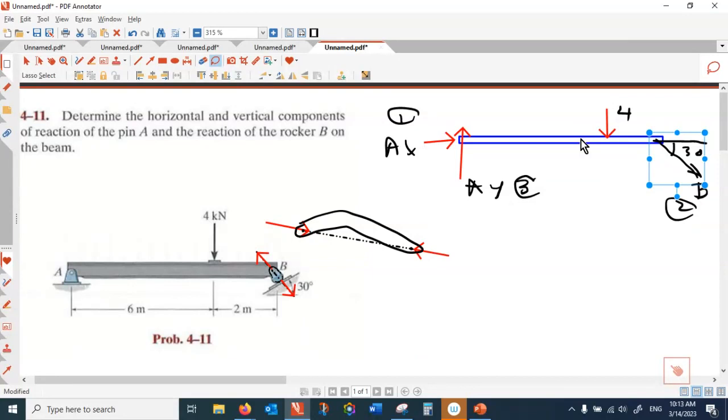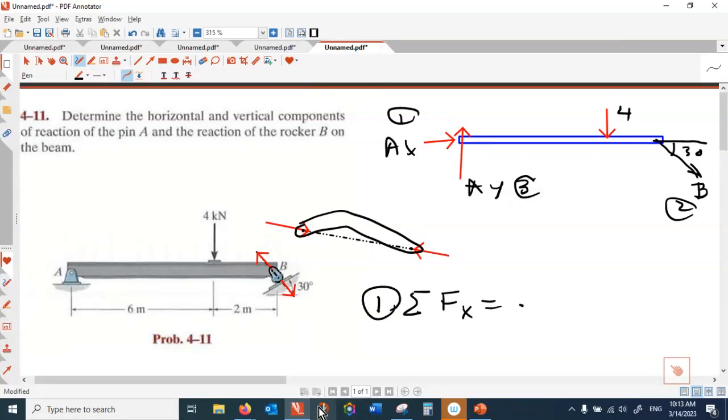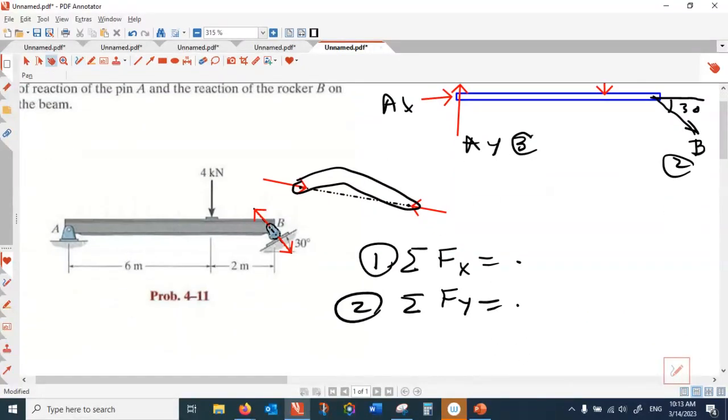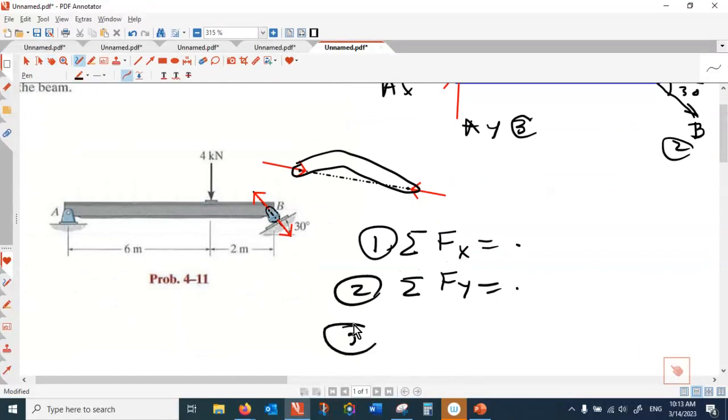All right, so the next thing is, I mentioned there are three conditions here. Can we go through the conditions together? One condition is net translation horizontally is 0. Second condition is net translation vertically is 0. And the third one is net rotation is equal to 0. And when I say three conditions, don't feel obligated to follow this order, 1, 2, 3.